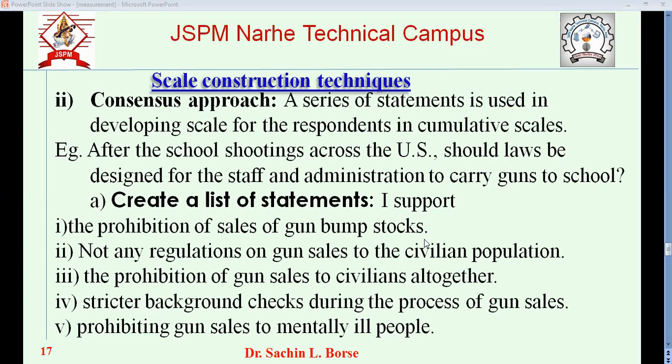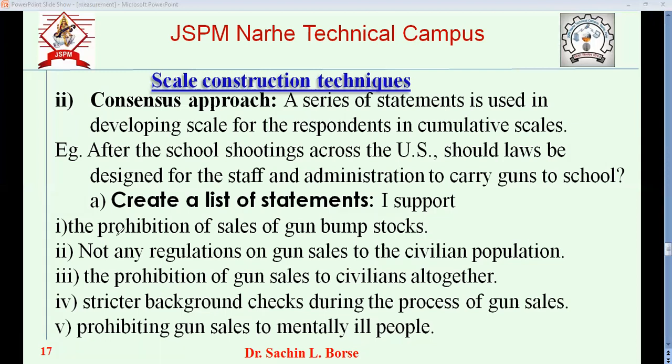So first we have to create the scale. What we have to do is first make a series of statements related to this. So let us make the statements first. First statement is there should be prohibition. Why are people using guns in the United States?